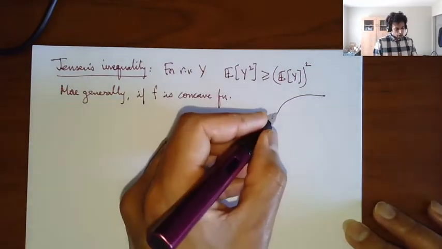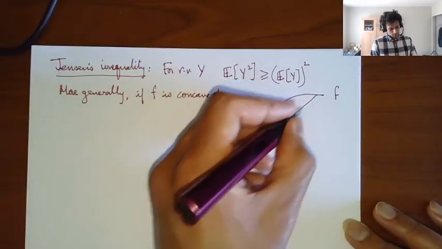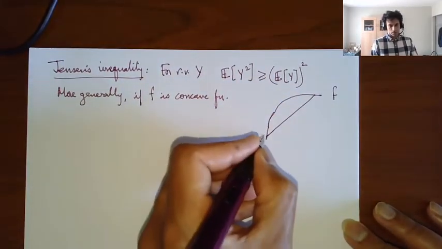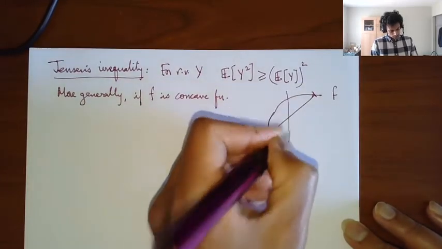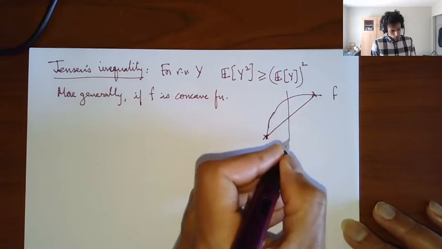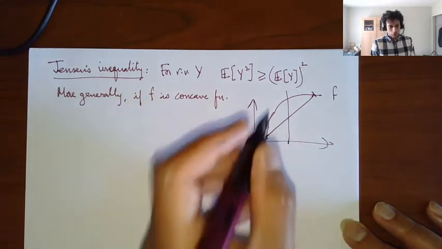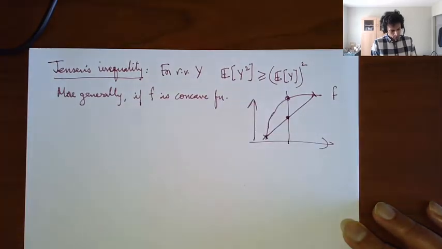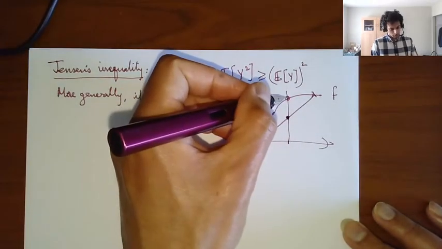Whenever I use Jensen, I always have to draw this picture to myself. What Jensen says is the following. It says if you put a line between these 2 points and you look at the value of the line, so here's f, look at any x. This is going to be less than that. This point here is less than this point here.